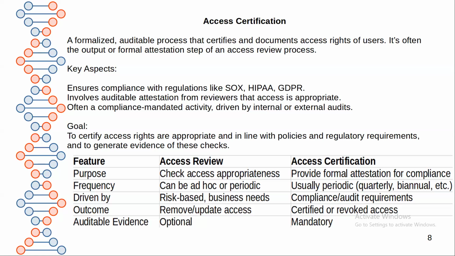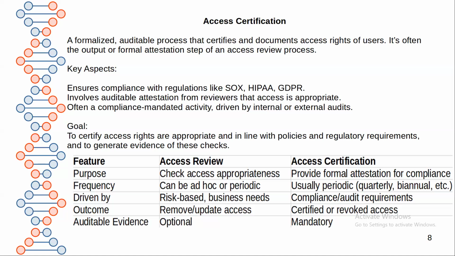You have to be very clear in understanding all these. What will be the outcome of access review? Review or update the accesses someone has. The outcome of certification is whether you are certified or asked to revoke the access.